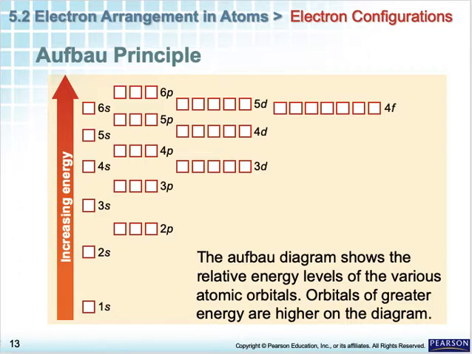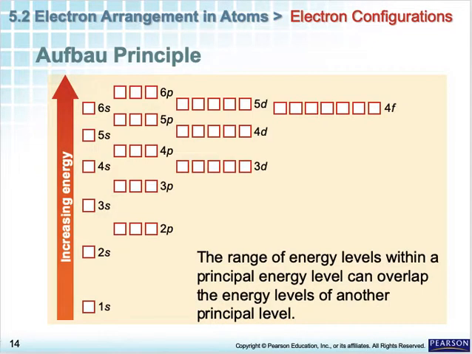The Aufbau diagram shows the relative energy levels of the various atomic orbitals. Orbitals of greater energy are higher on the diagram. The range of electron energy levels within the principal energy level can overlap, and that makes it really messy to start talking about things, because if you notice here, we go 1s and 2s and 2p are higher, then 3s is higher, and then 3p is higher, but then 4s and 3d are really close in energy.